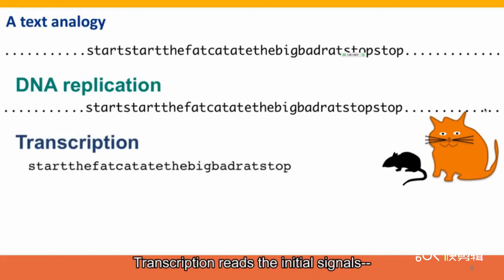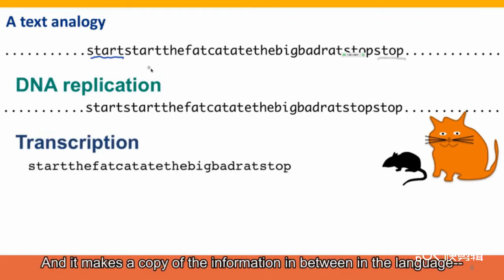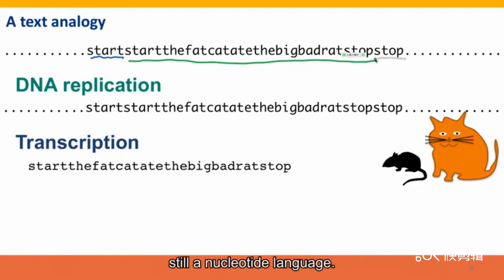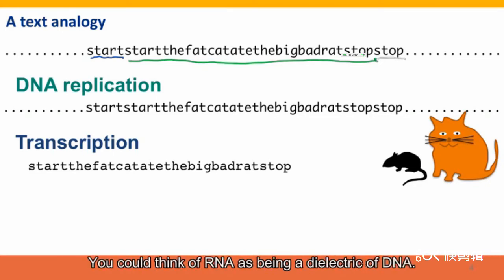Transcription reads the initial signals, the start signal, the stop signal, and it makes a copy of the information in between in the language, still a nucleotide language. It's a variant of the language, like a dialect. You can think of RNA as being a dialect of DNA.